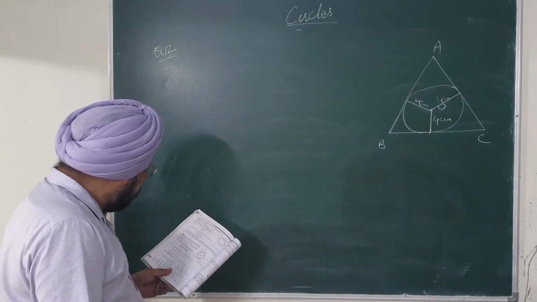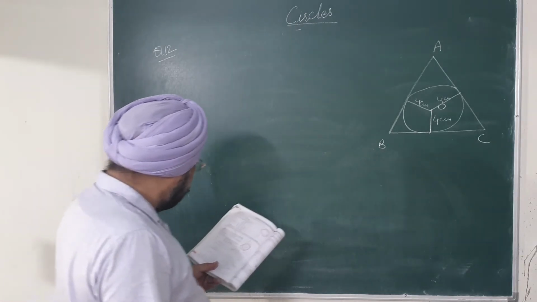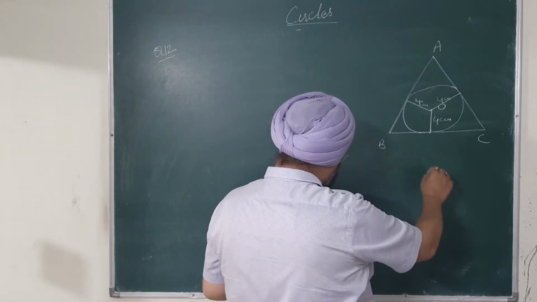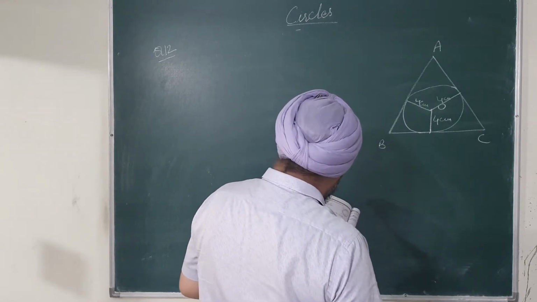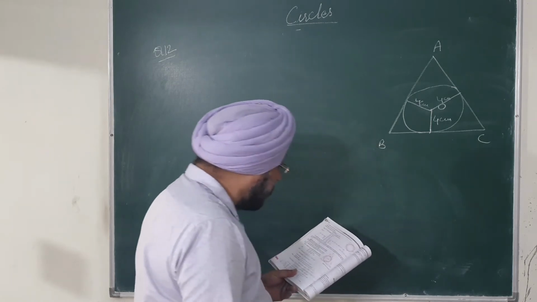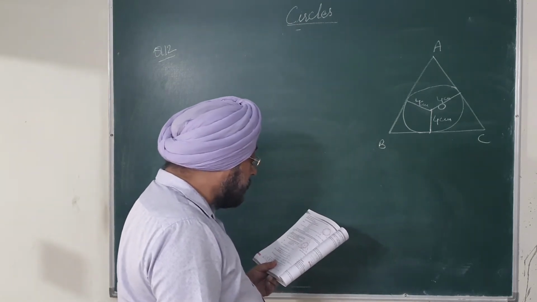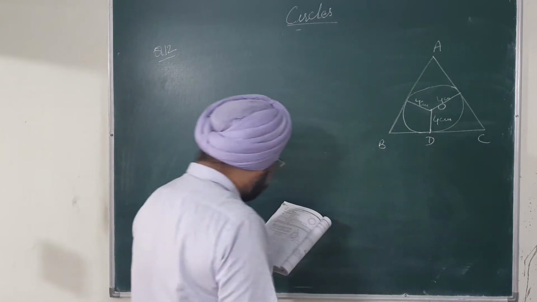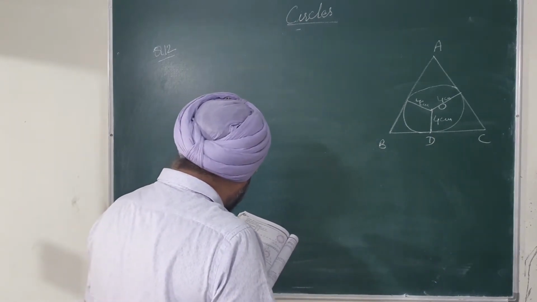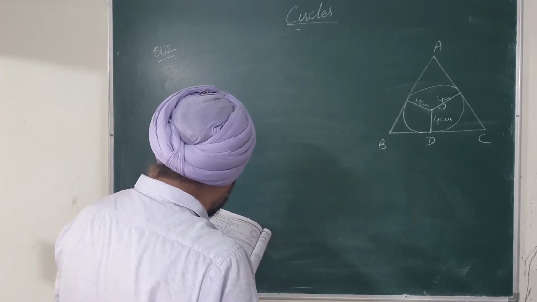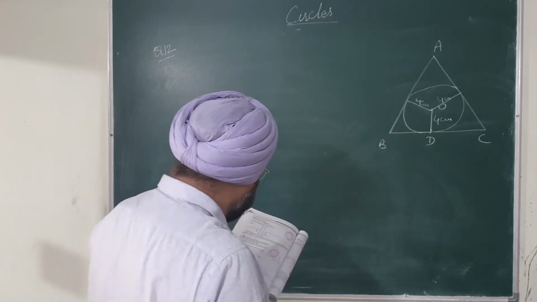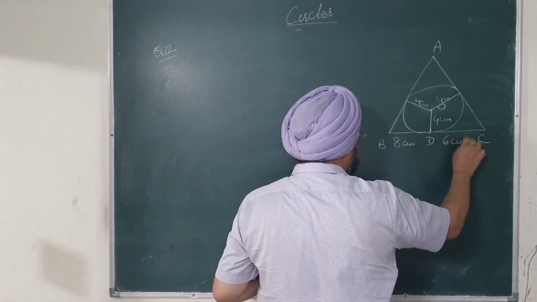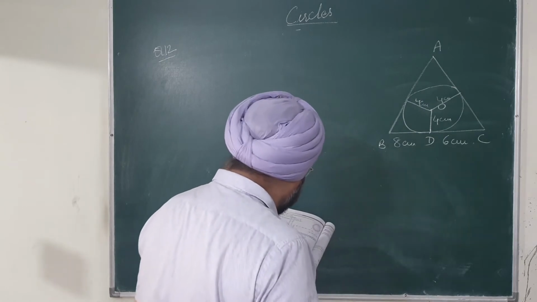Then it divides BC into two parts. Now the point is that a triangle ABC is drawn to circumscribe the circle of radius 4 centimeters such that the segments BD and DC are divided by the point of contact D, and are of length 8 centimeters and 6 centimeters respectively.